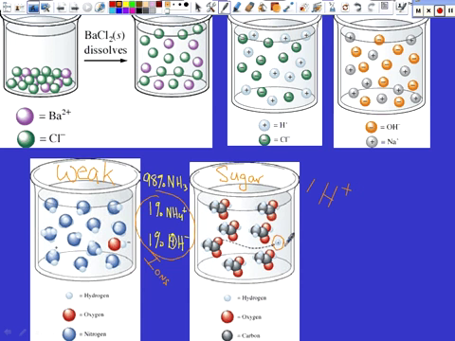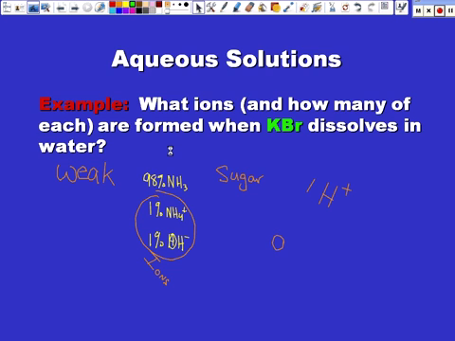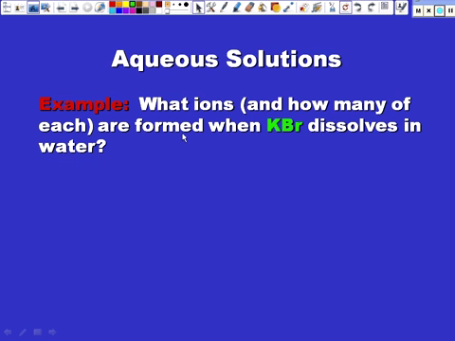All right, aqueous solutions. What ions and how many each are formed when KBr dissolves in water? Okay, K plus and Br minus, right? So K plus and Br minus will dissolve with water into K plus and Br minus. True or false? True.